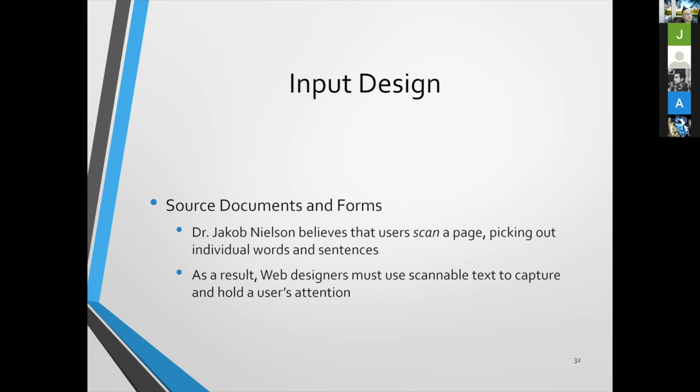He believes that users scan a page, picking out individual words and sentences for their document. When they have seen that document already, they will just see that page and try to find the words and sentences where they would like to enter the data into that document.